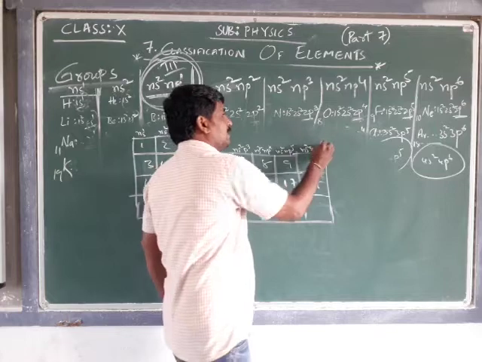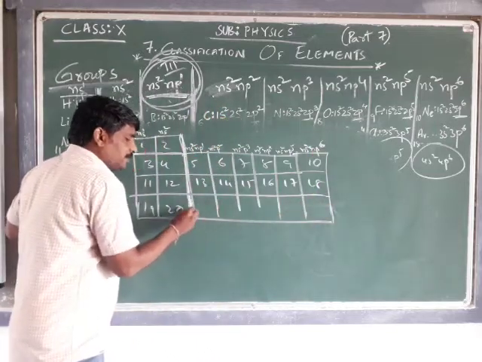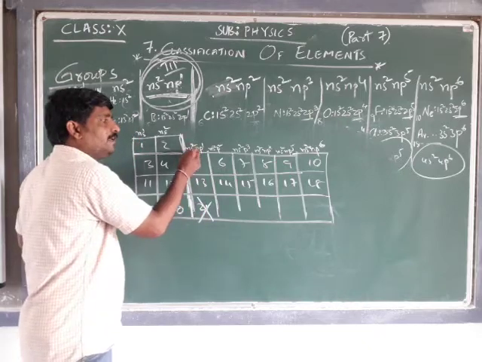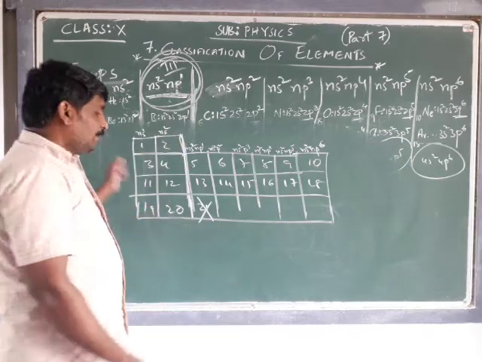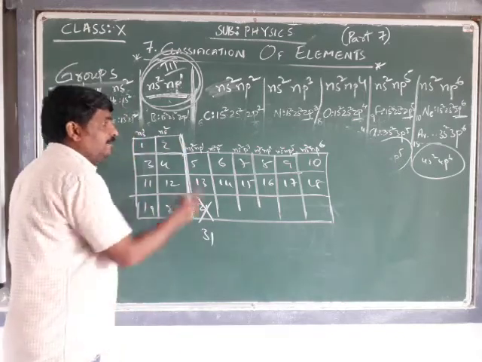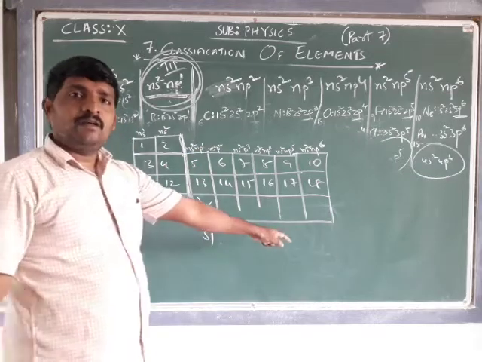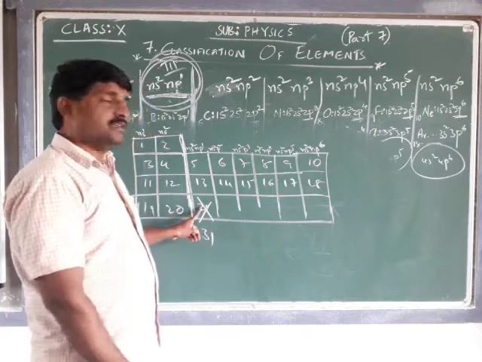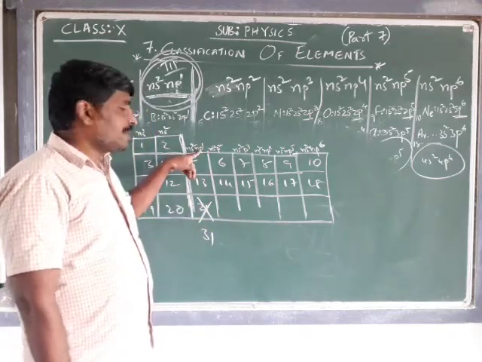ns2 np6 we have. Now according to the configuration, the 21st element is not going to fall in that ns2 np1 formula. Just now we wrote the 21st element, but the 31st is going to have the ns2 np1 general configuration. Gallium has ns2 np1, that 4s2 4p1 is going to match. So the 31st element I can't keep here, even though it is matching this formula.